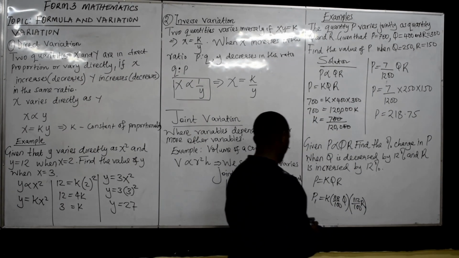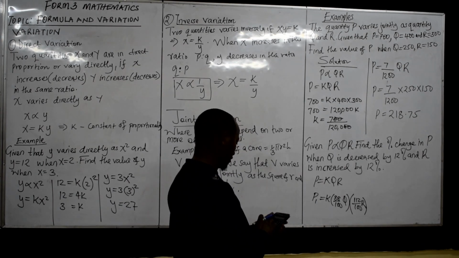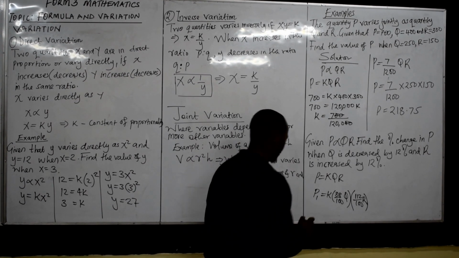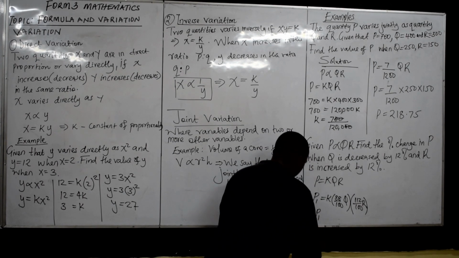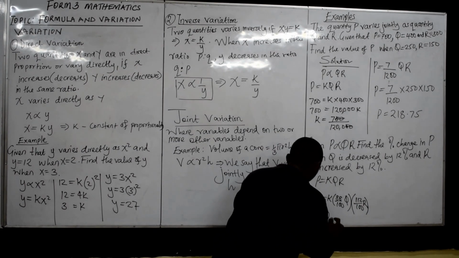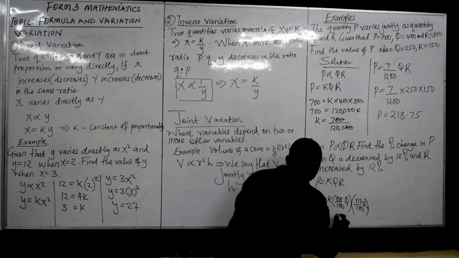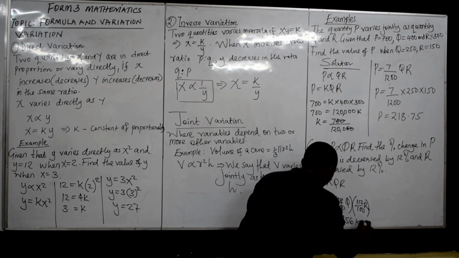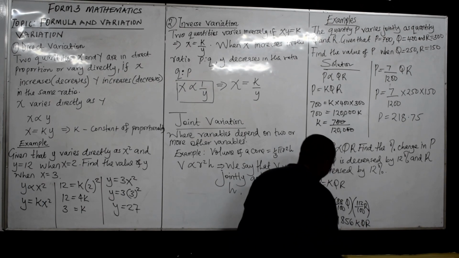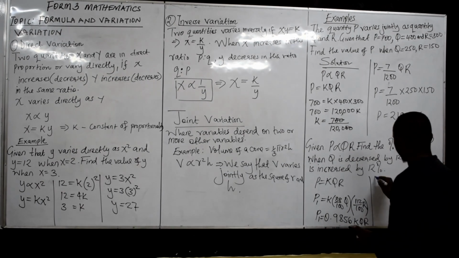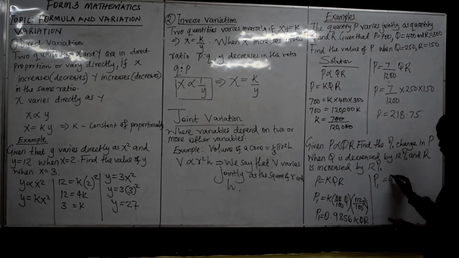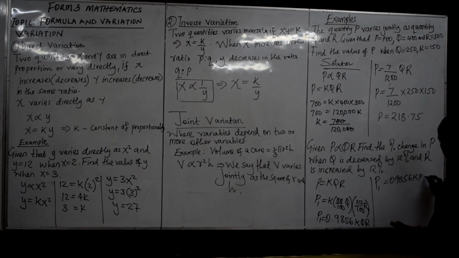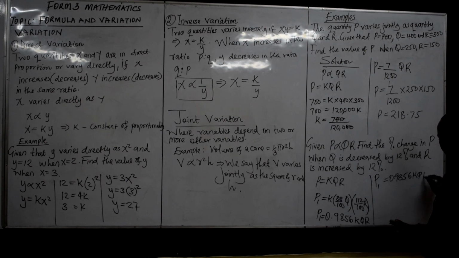So if you multiply this one, we'll find our P1 will be equal to 0.9856 KQR. So P1 is equal to 0.9856 KQR.